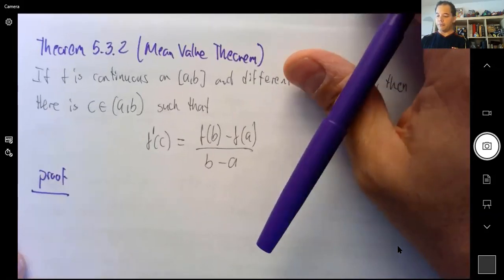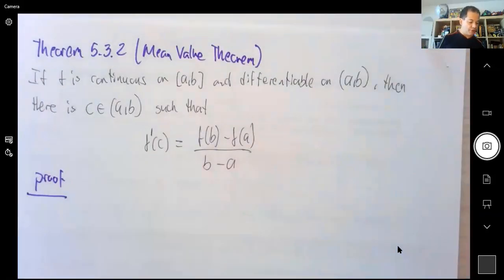All we need to do is construct an auxiliary function, a function that is related to f, but helps us prove this, and it's actually quite easy.